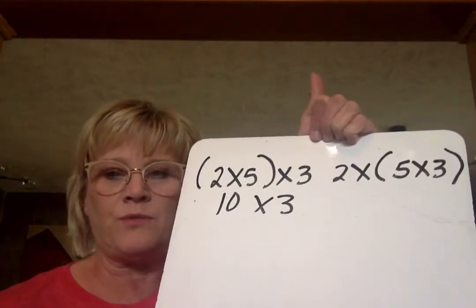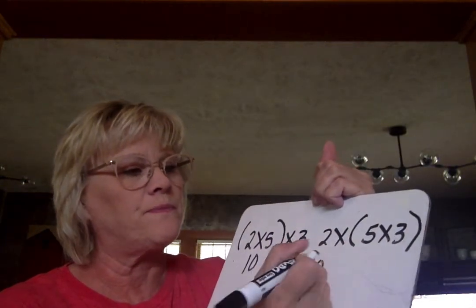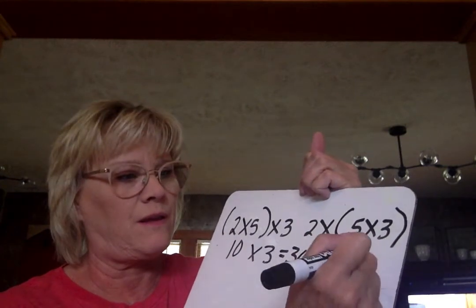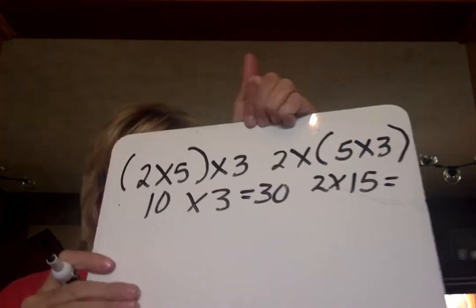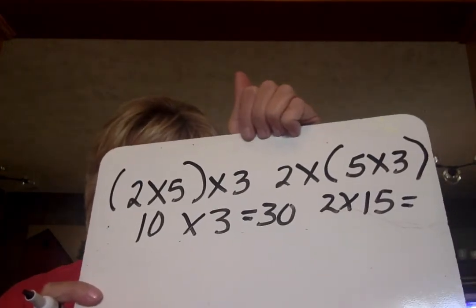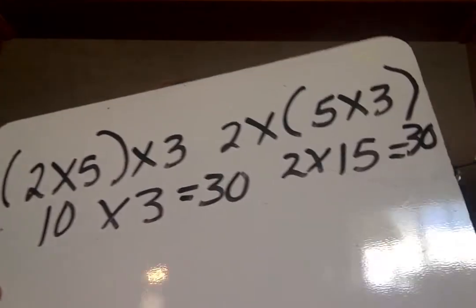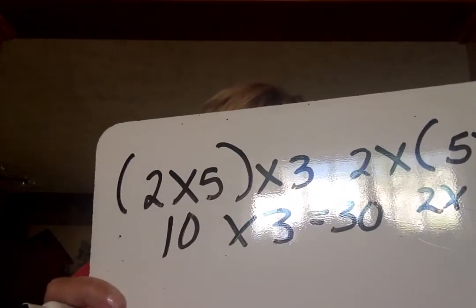And 10 times 3 is 30. 5 times 3, 15. And 2 times 15 is 30.